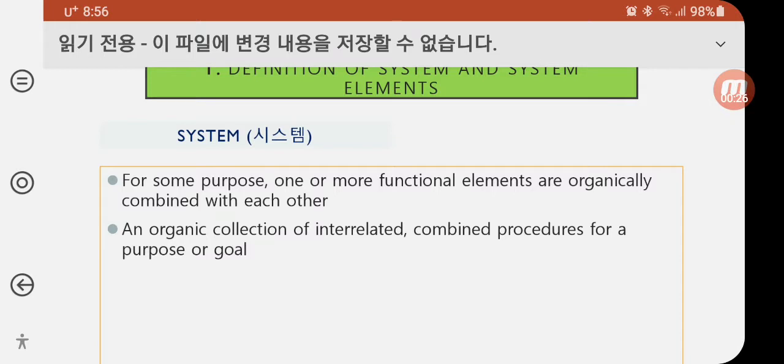A system is an organic collection of interrelated, combined procedures for a purpose or goal. Here, a procedure is a series of correct and regular sequences of tasks.